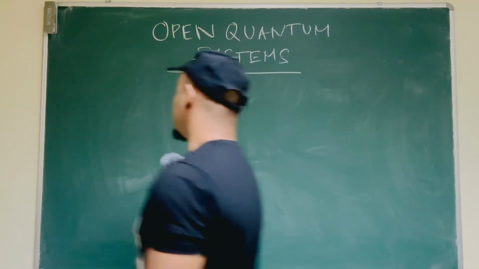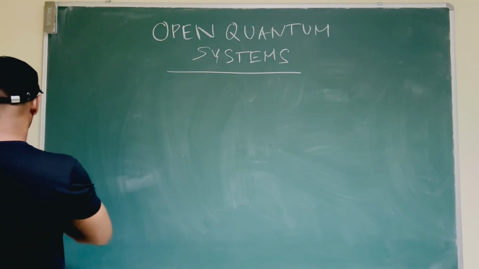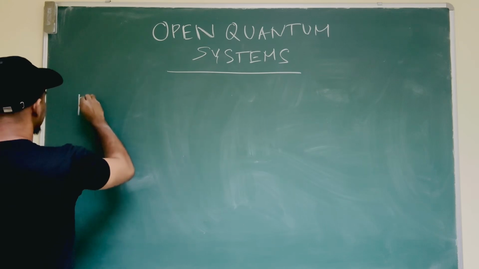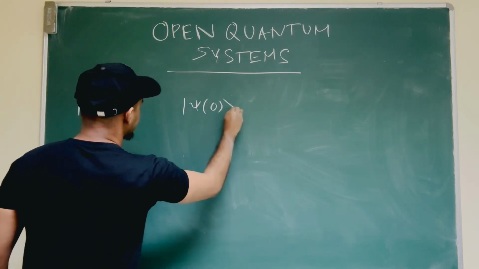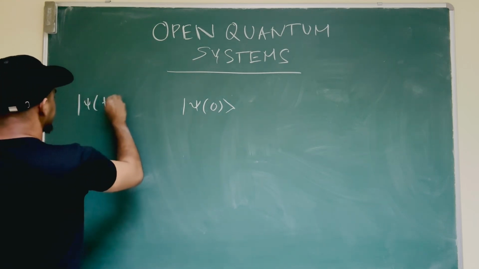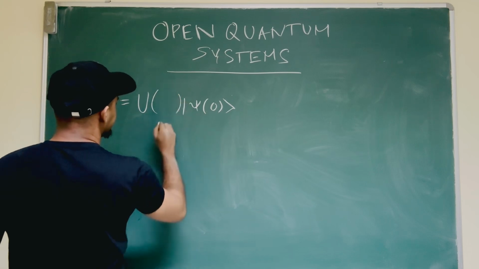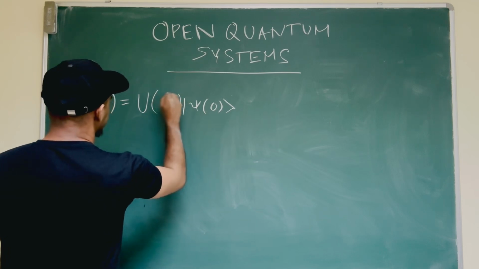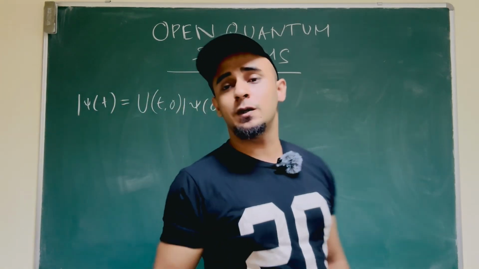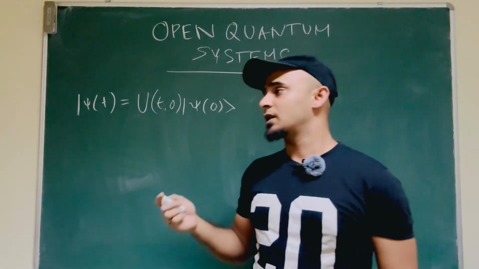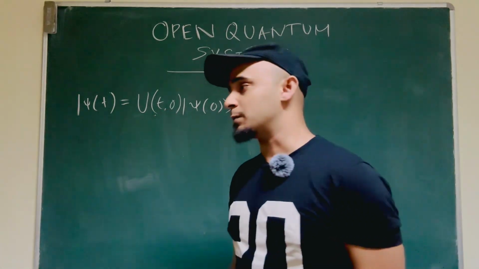The third postulate was about time evolution. If I have a certain vector psi 0, then psi t is given by the unitary transformation from t equals 0 to t equals t. This is one way to talk about how a state evolves with time, with a unitary operator, also known as the time evolution operator.